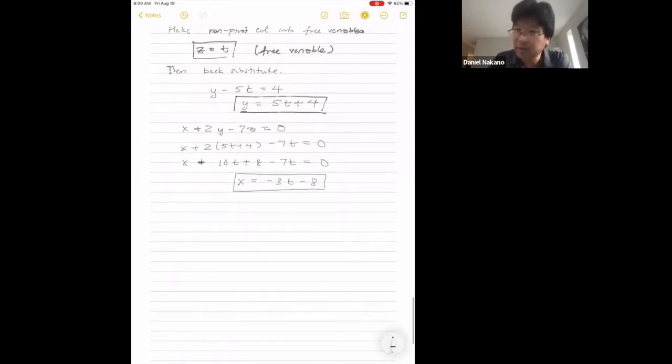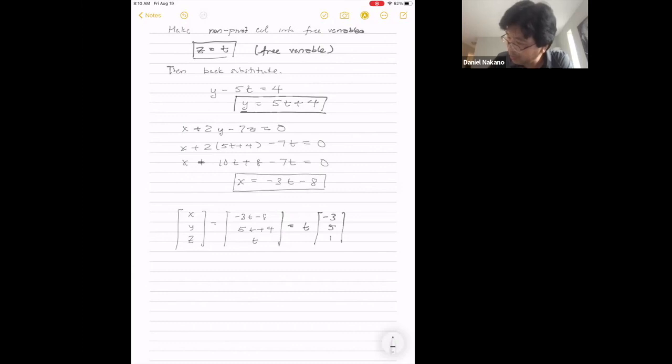All right, so I have x, y, and z, and I can write this out in a nice way. So x is going to be equal to minus 3t minus 8, y is 5t plus 4, and finally z is equal to t. And then you pull the t out, so you have t times minus 3, 5, and 1.